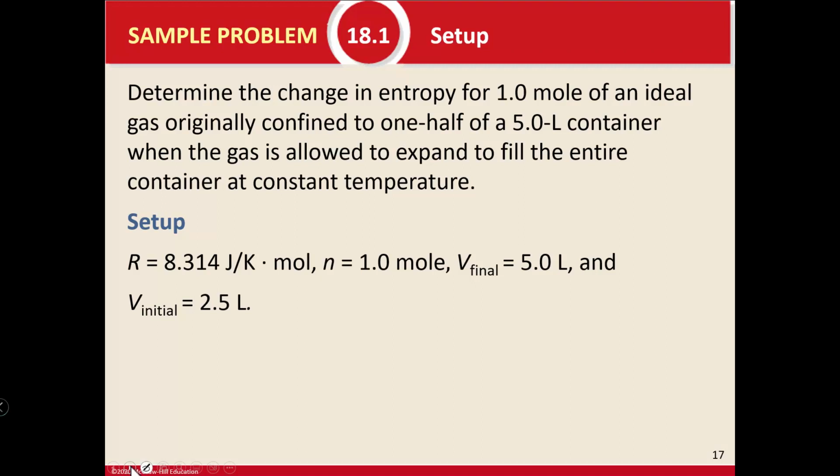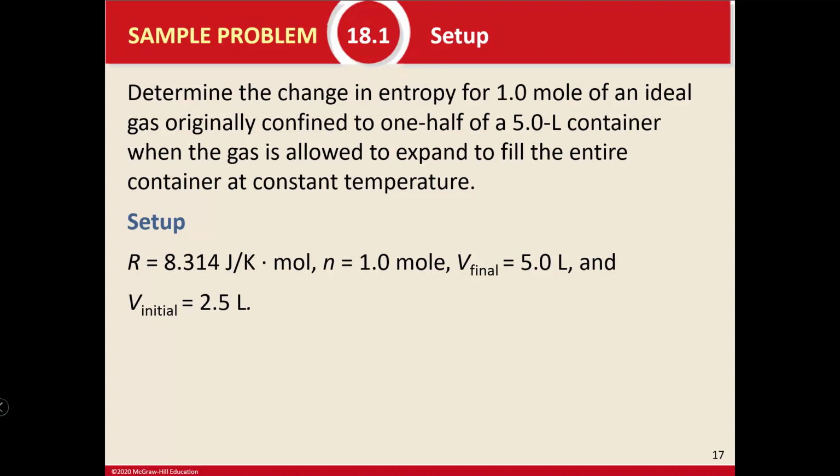So it just says, determine the change in entropy of 1 mole of ideal gas originally confined to 1/2 of a 5-liter container when the gas is allowed to expand to fill the entire container at constant temperature. There are going to be some changes here, and hopefully through working the problems you will be able to use these fluently.